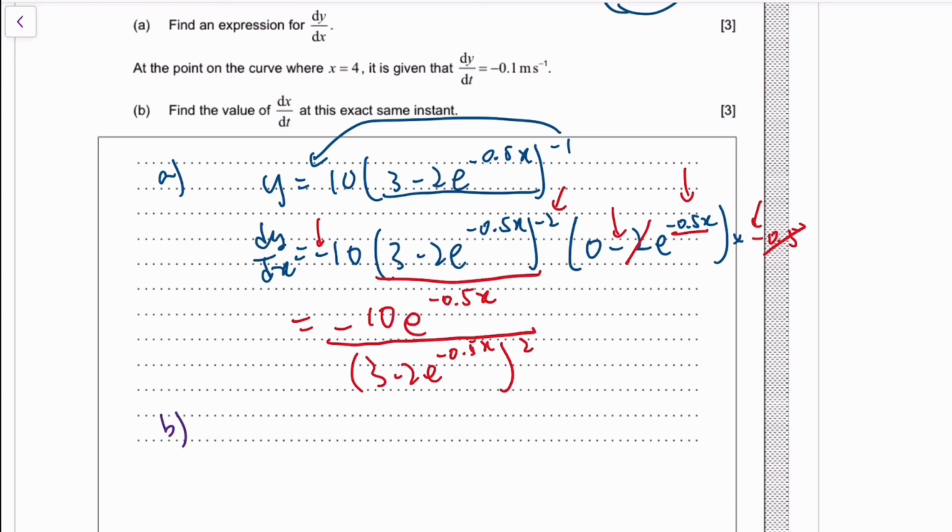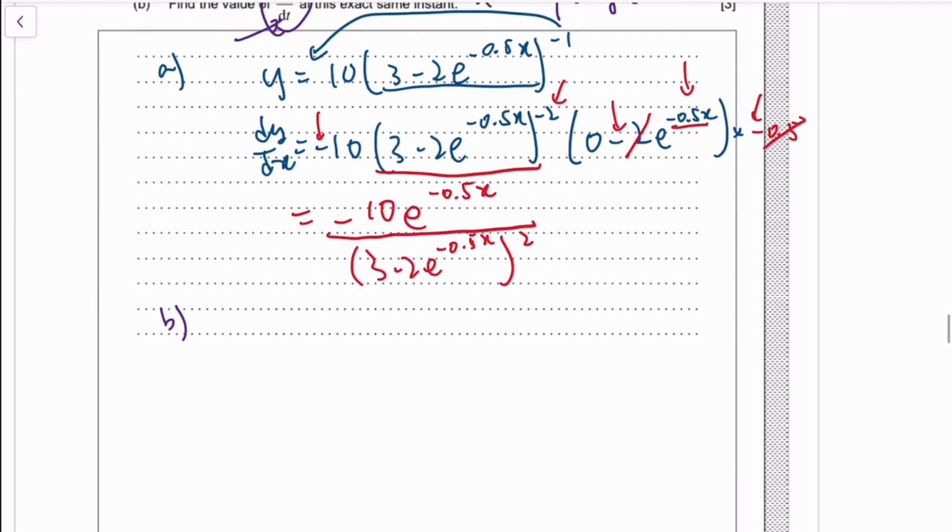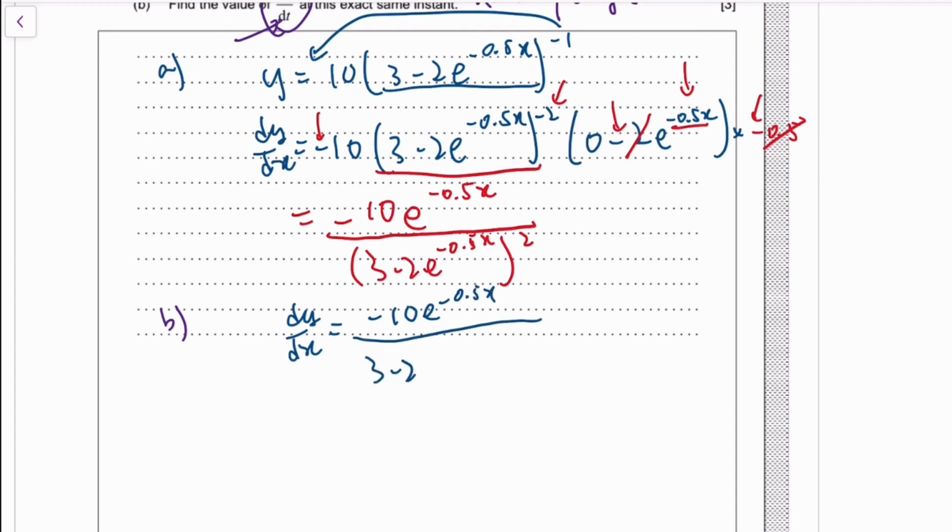Then find the rate of change of x, dx/dt, right? Whenever you differentiate with respect to time, it's called rate of change. Find the rate of change of x when x is 4, and the rate of change of y is negative 0.1. So we know dy/dx.